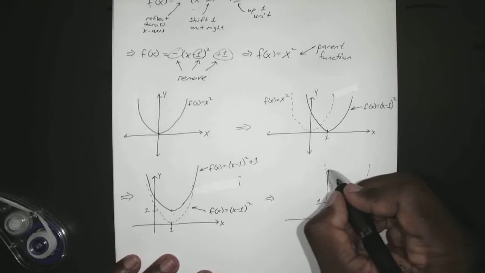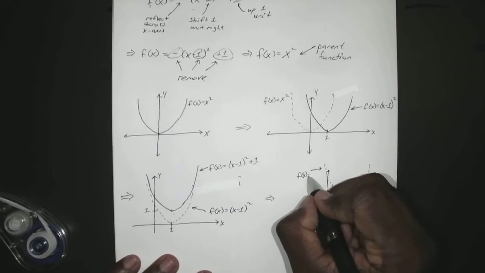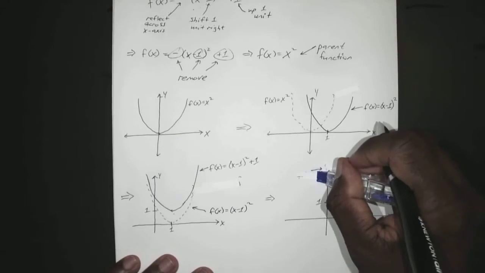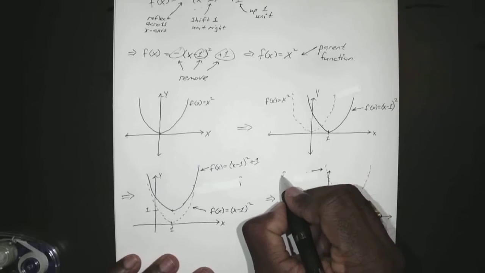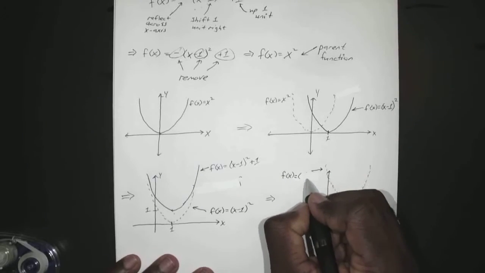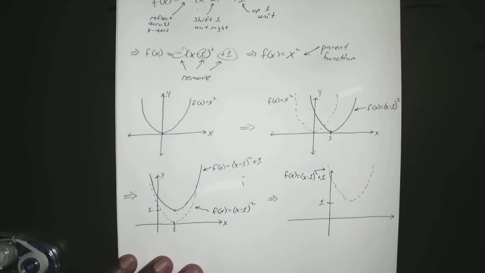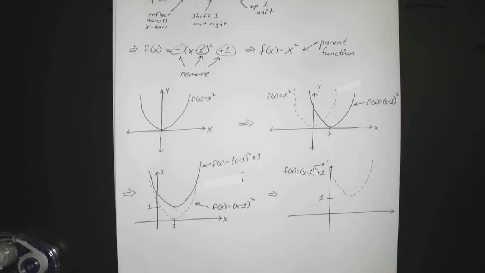Okay, so remember this is our f of x equals x minus 1 squared plus 1. Since you have that negative in front, it just flips, but not across the x-axis.